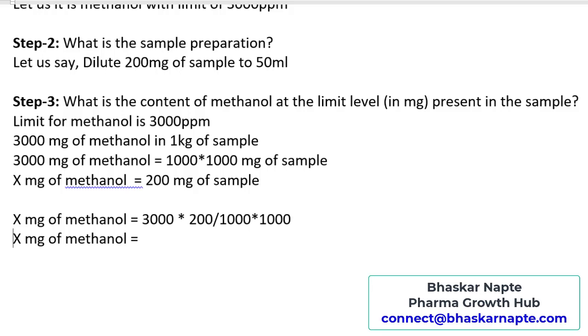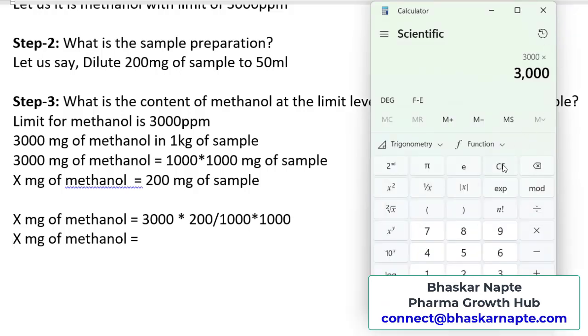So let me take a calculator now. What is the calculation I need to do? That is 3000 into 200 divided by 1000, divided by one more 1000. So how much did I get?